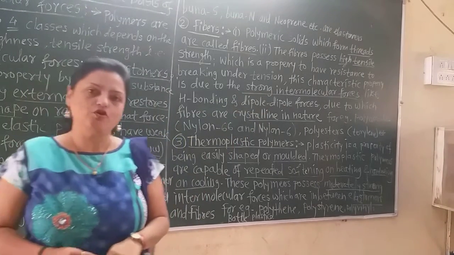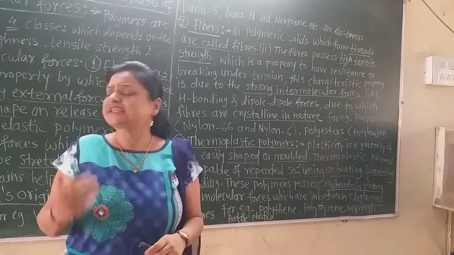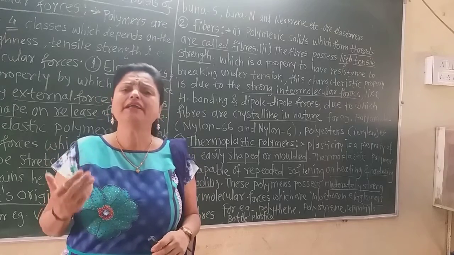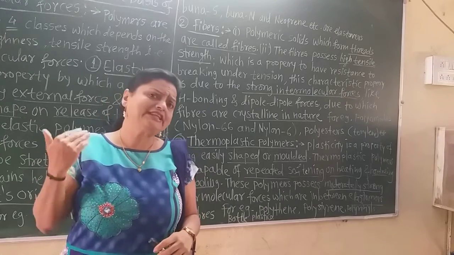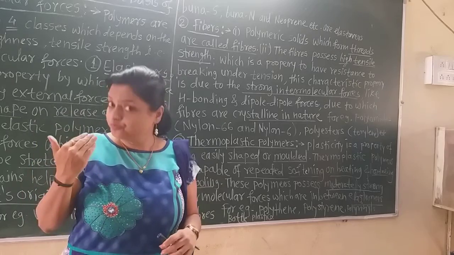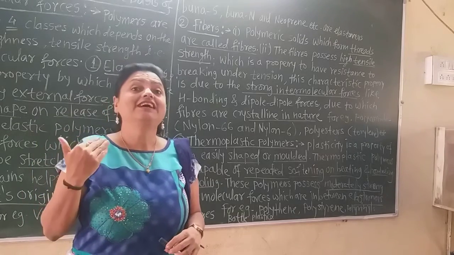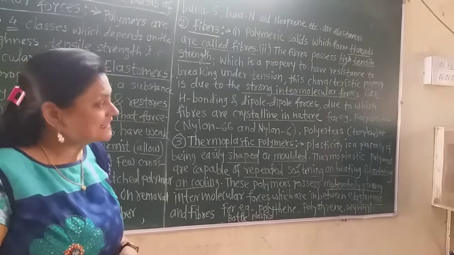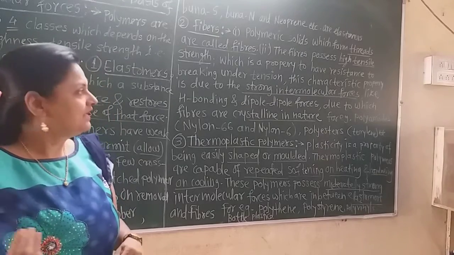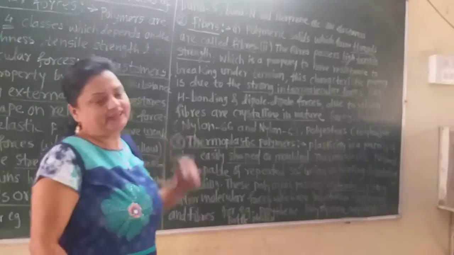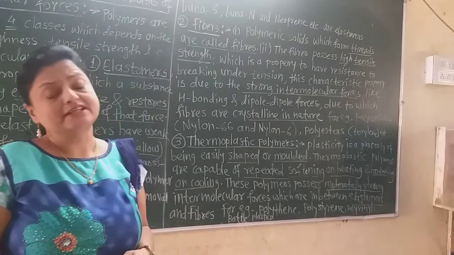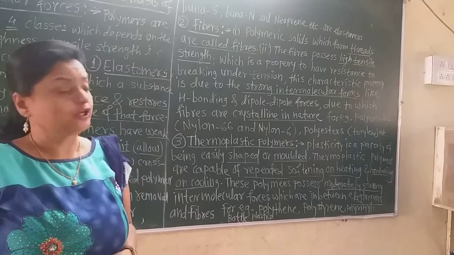Now that is very important. Why can fibers be stretched into a finest long thread? Due to the very strong intermolecular forces present. And which type? Like hydrogen bonding. You know that hydrogen bonds are very strong intermolecular forces.